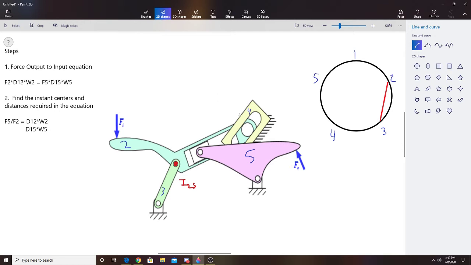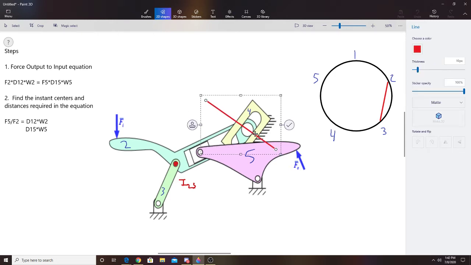So this right here is what I'm talking about. But anyway, I'm just going to draw a line. Remember, since this is a slider, essentially it is on this line at plus or minus infinity, right?